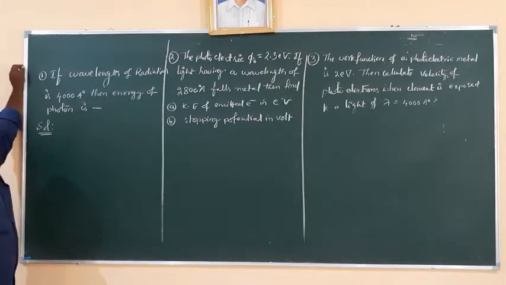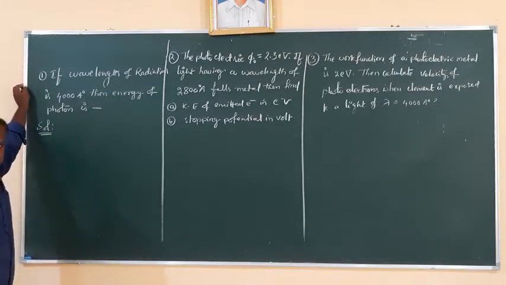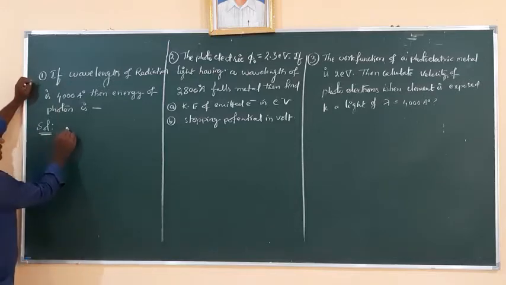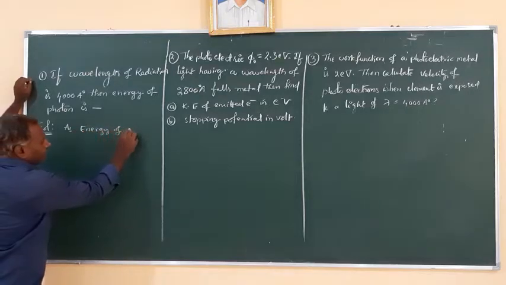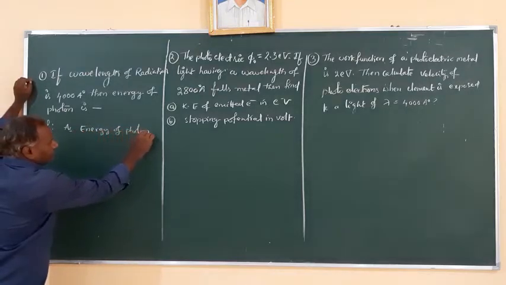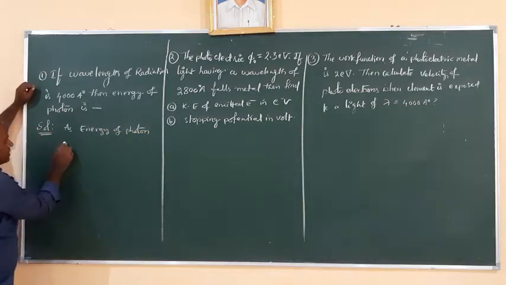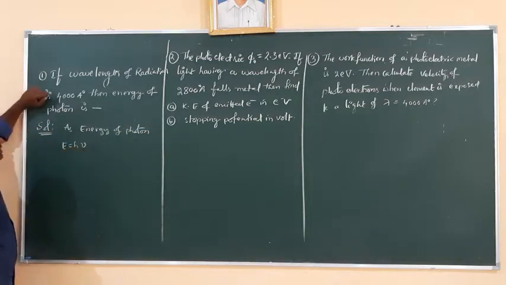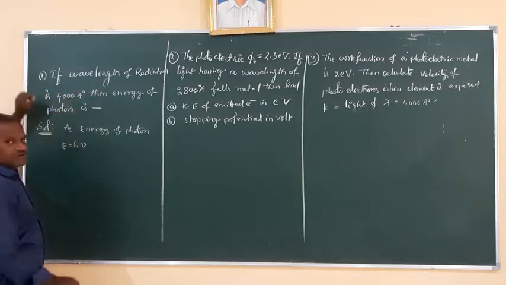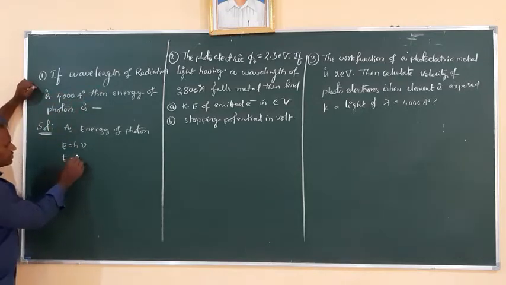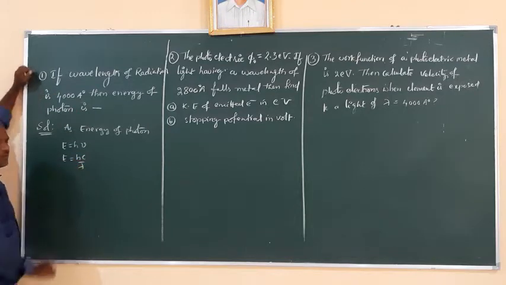We know the energy of the photon or radiation, E is equal to h nu. But here the wavelength is given, so you write the frequency in terms of wavelength. So E is equal to hc upon lambda.